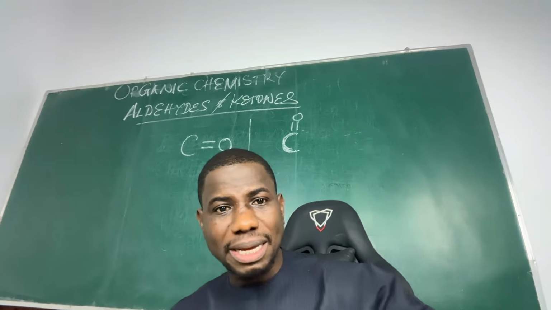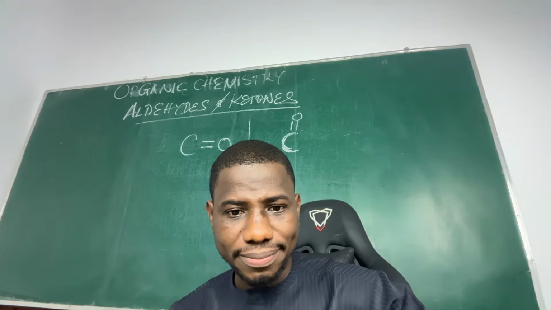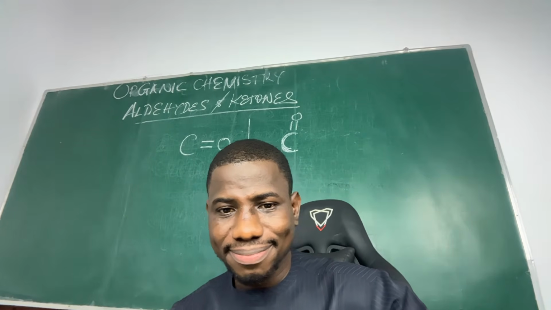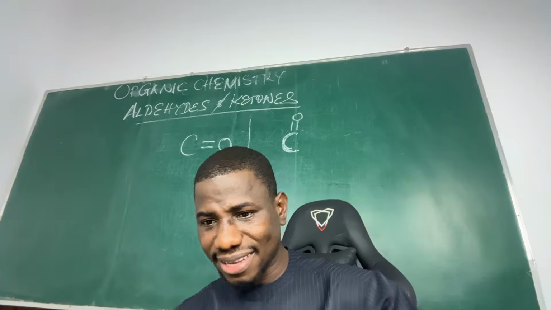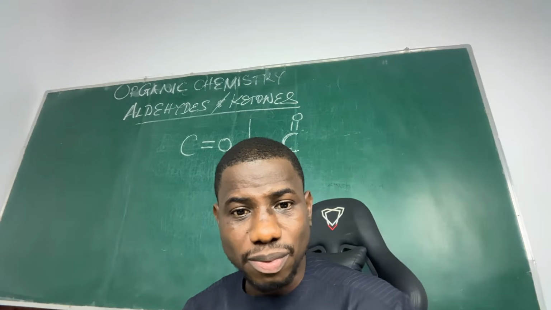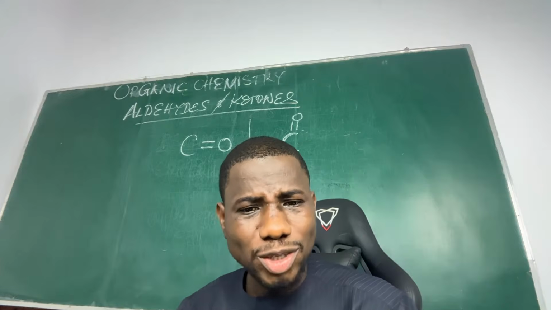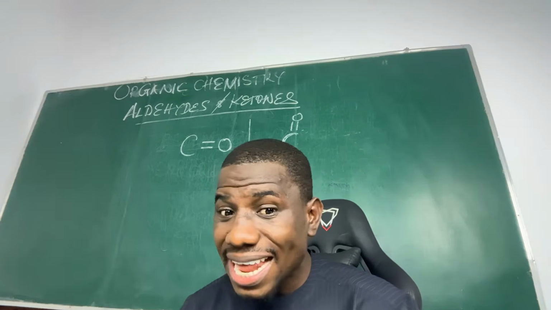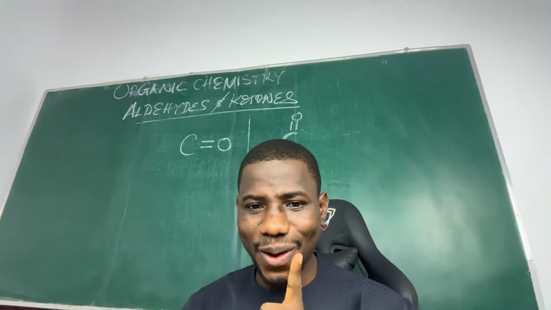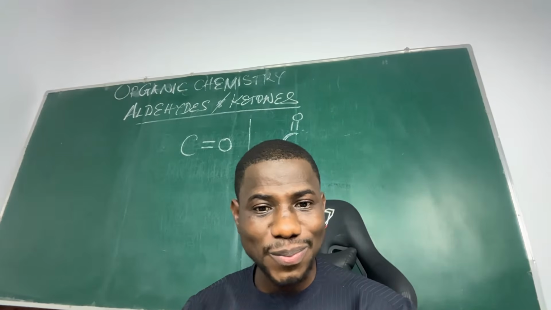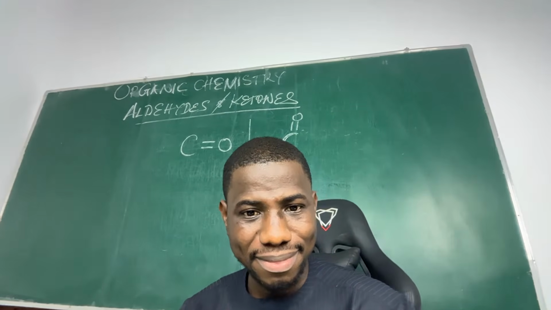So will you expect them to be soluble or insoluble? The lower members should be soluble. So without saying much, you should know that the lower members of alkanals and alkanones are soluble or miscible with water. Does that make sense to you?